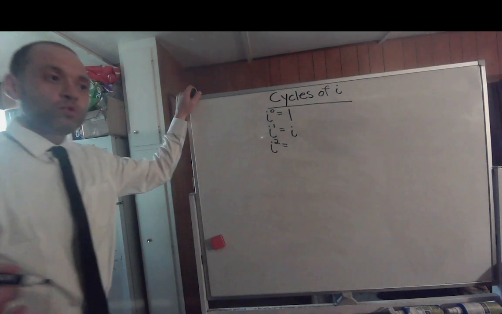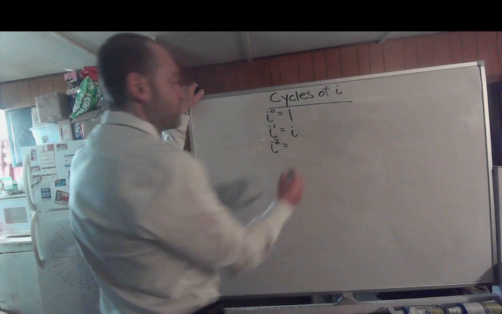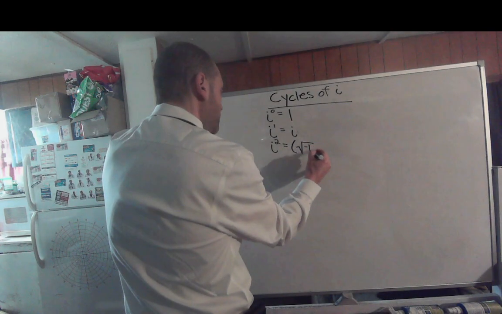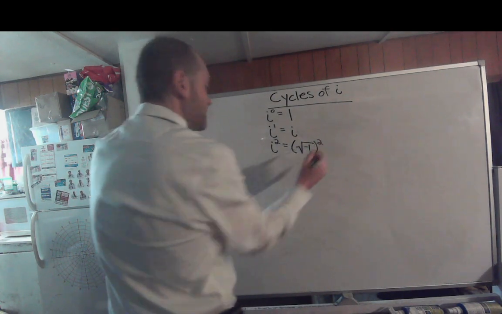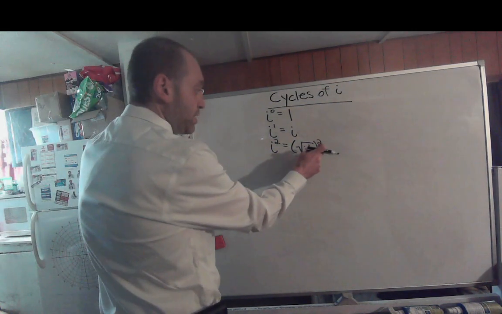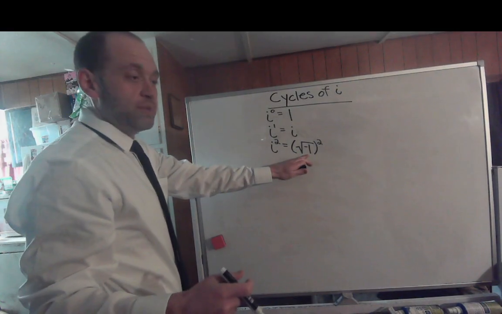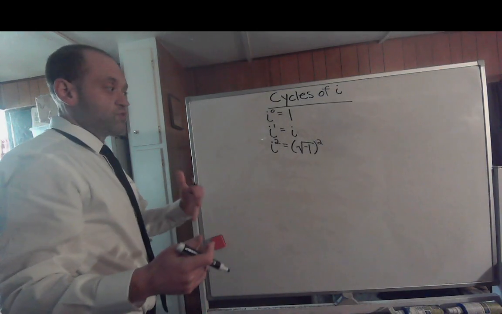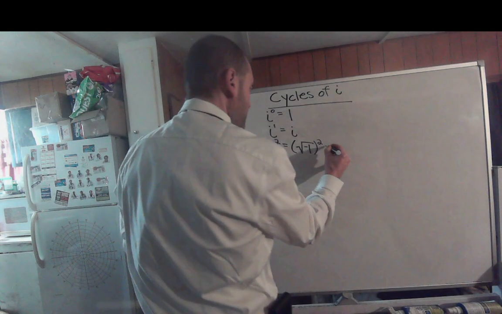Okay, so what about i squared? What would i squared be? So that would end up being the square root of negative 1 raised to the second power. Well, that square root, we could think of that negative 1 being to the 1/2 power. You raise that to the second power, you're just going to get negative 1 to the first power.